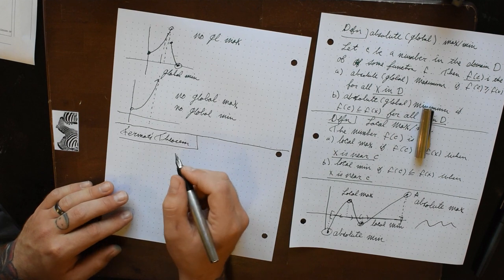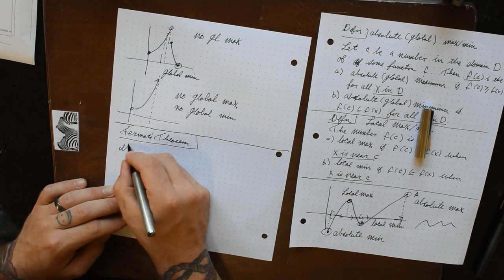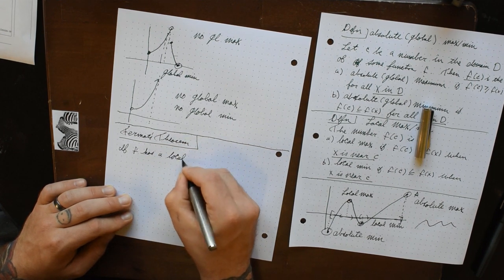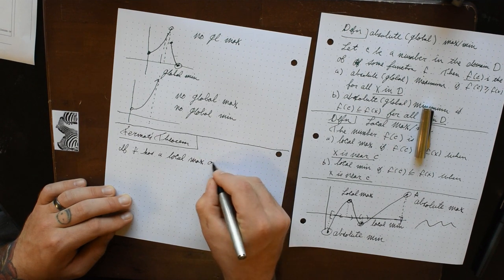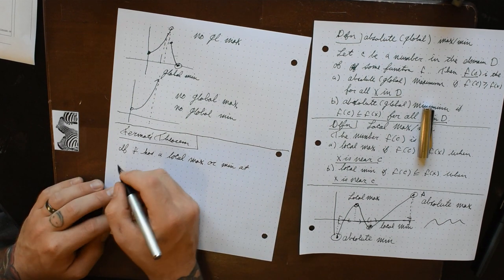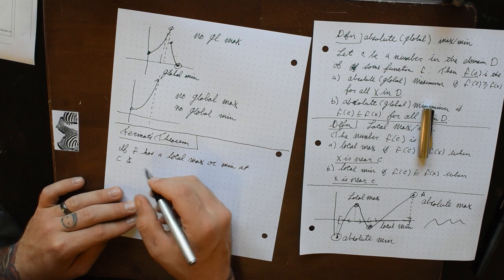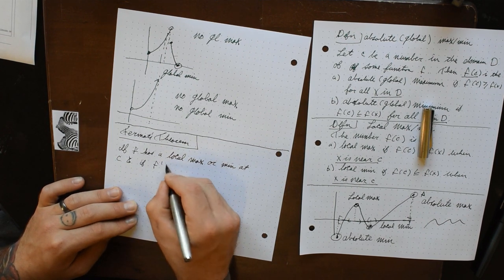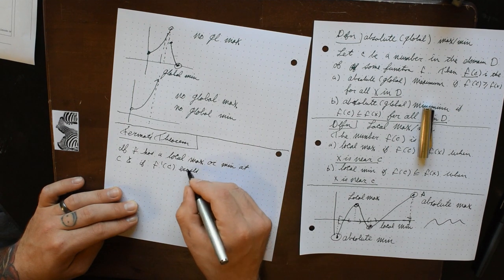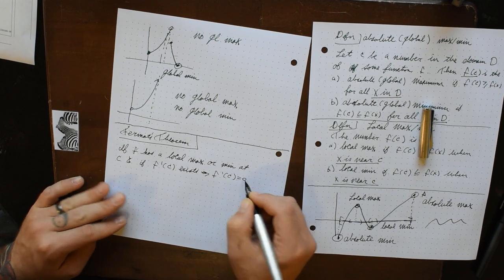What Fermat's theorem says is that if f has a local maximum or minimum at c, and if f prime of c exists, then f prime of c is equal to 0.